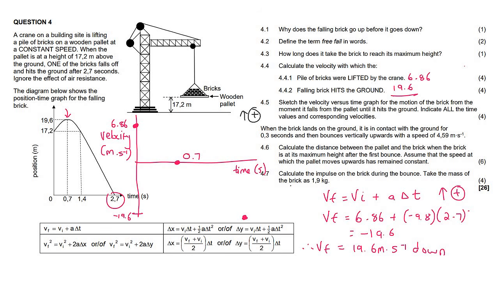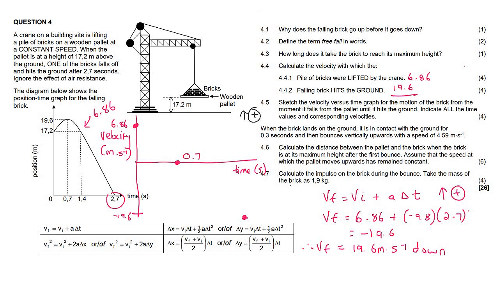And then another time I see that they're showing us is the 1.4. So the way that it works is, if you look carefully, it starts here at 6.86 meters per second. It goes up, reaches a velocity of 0, and then comes down again. Because these two sides are perfectly symmetrical, it means that the velocity at that point will be 6.86 as well, but it will just be going downwards.